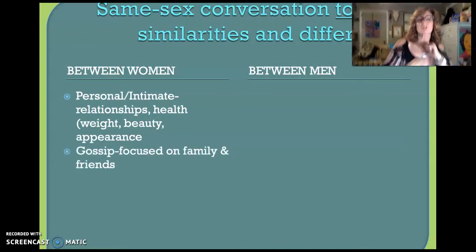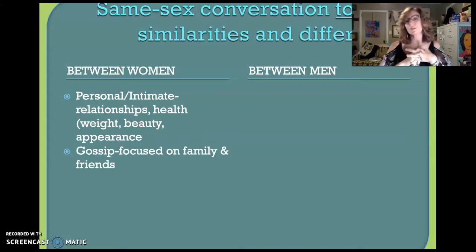Women are more likely to talk about things that are intimate or personal: relationships, health, weight, beauty, appearance, things that have to do with them individually and personally. Women will talk about that even if they don't even know each other. You're in a doctor's office and you'll end up having some conversation about what's your nail polish, or I like your hair color, right? Women will easily talk about things like that.